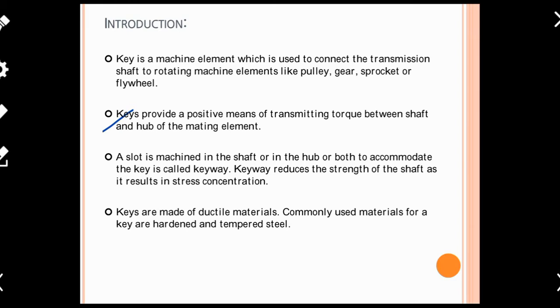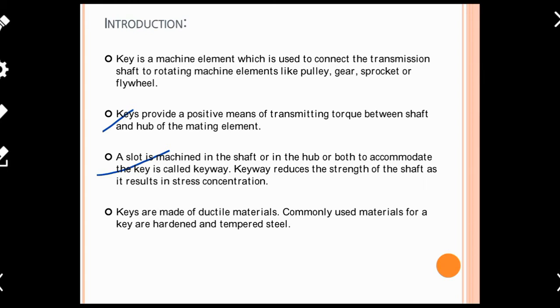Suppose there is a key having a rectangular or square or any kind of cross section. Half of that key is inserted in the slot of the transmission shaft, and the remaining half is inserted inside the slot of the hub. This is the kind of assembly done for power transmission by using a key.